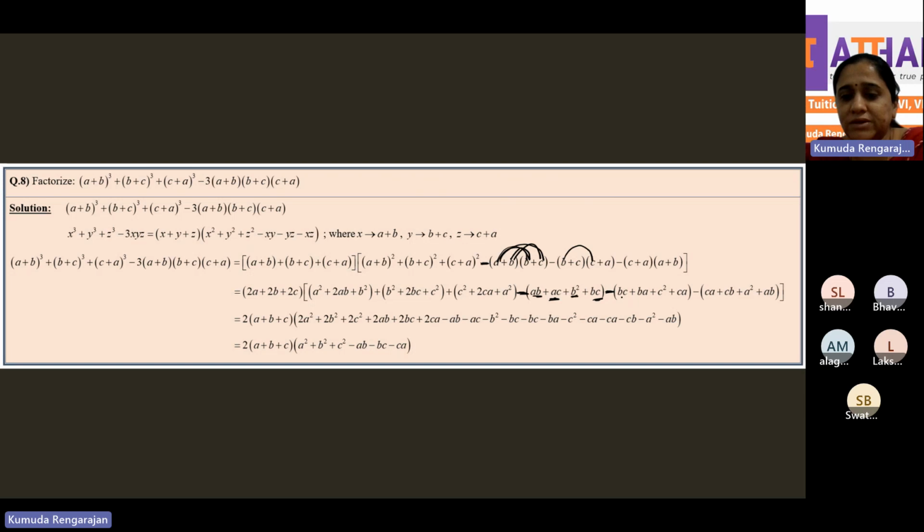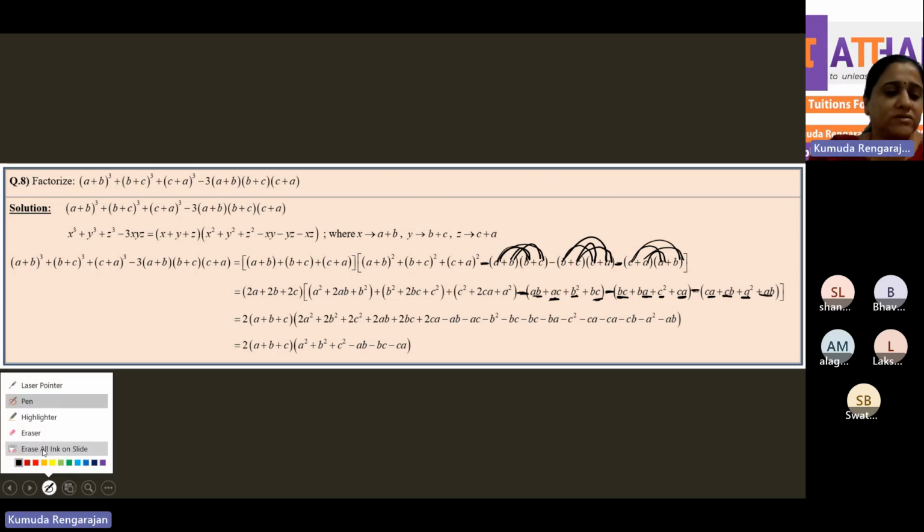B into c, bc, b into a, ba, c into c, c square, c into a, ca. Then this minus as it is, c into a, ca or ac, whatever, c into b, cb or bc, a into a into b. That's all.